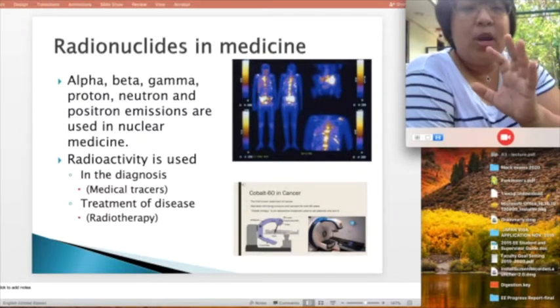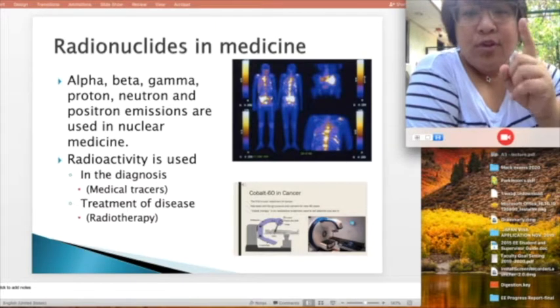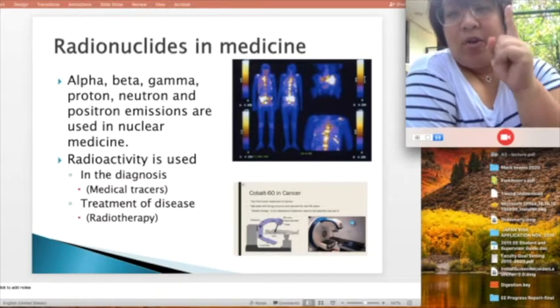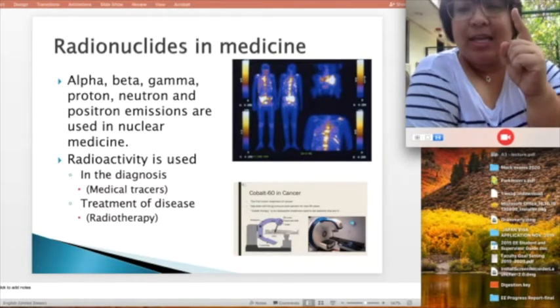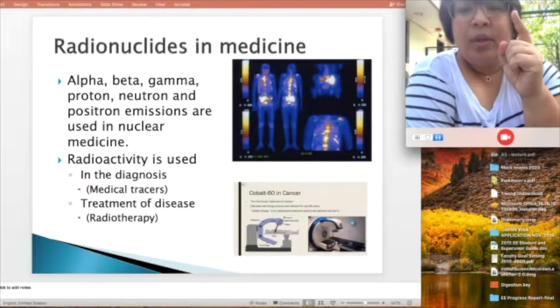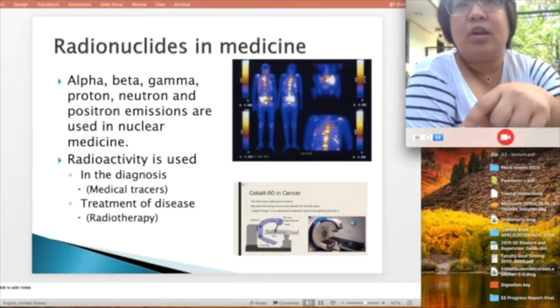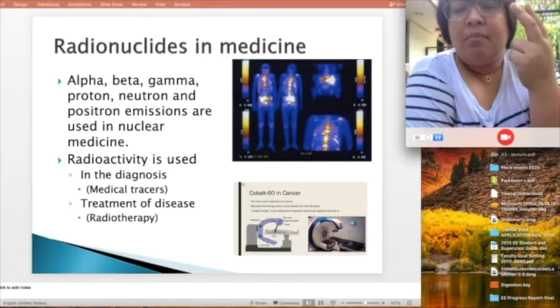And when we take advantage of that, there are 2 ways. First, we use radioisotopes or radionuclides as medical tracers. I think we've learned this in the past, so a little bit of review for you here, but more in-depth. Number 2, we can also use them to treat a disease.